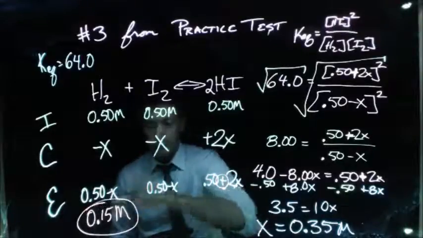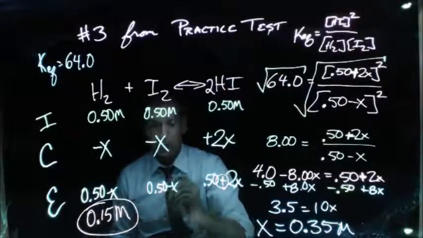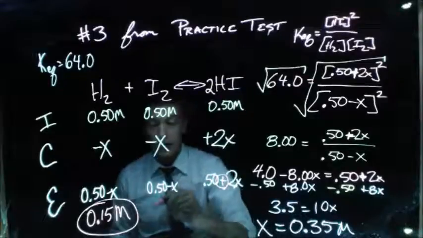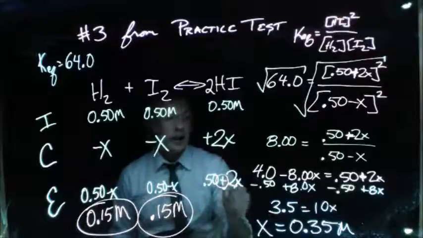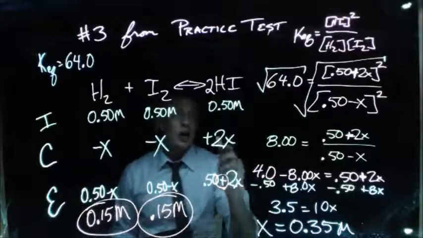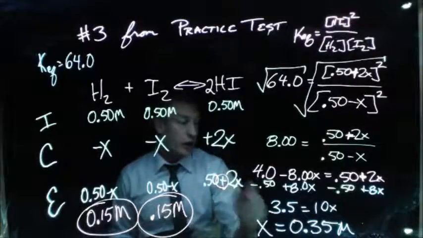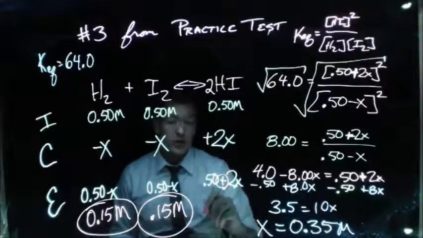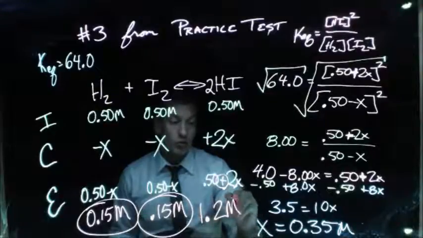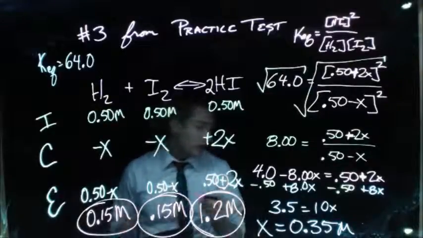And that's an answer. Same thing for iodine. It'll be 0.50 minus 0.35, 0.15 molar. And our HI will be 2x, so that would be 0.70 plus 0.50, so that's going to be 1.2 molar. And there's our answers.